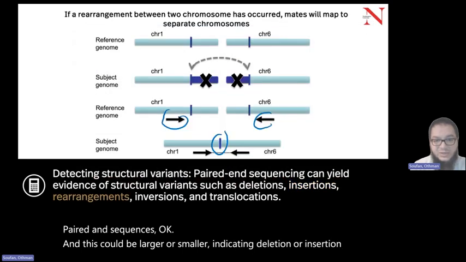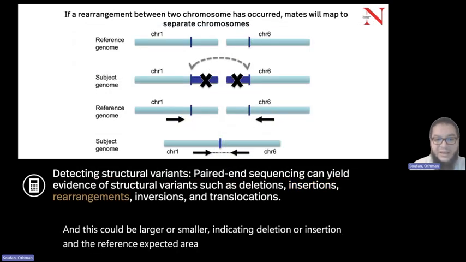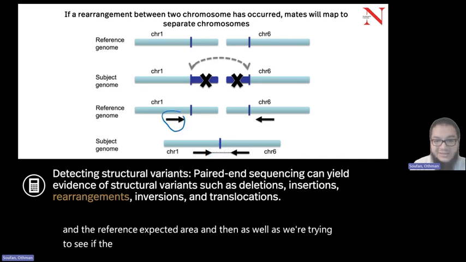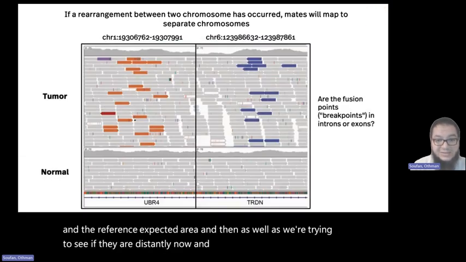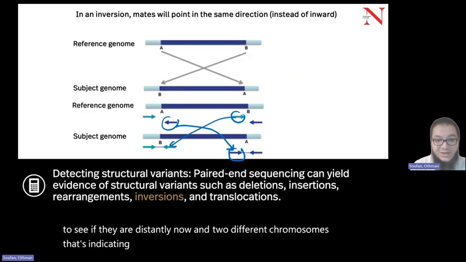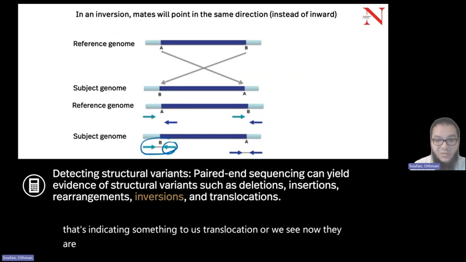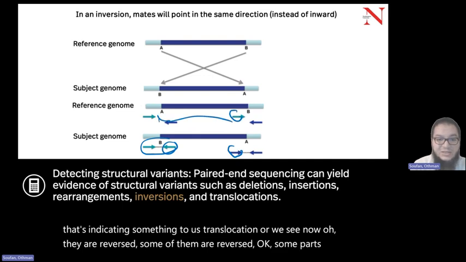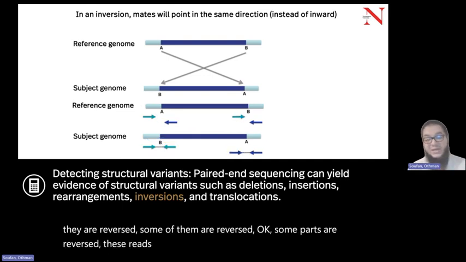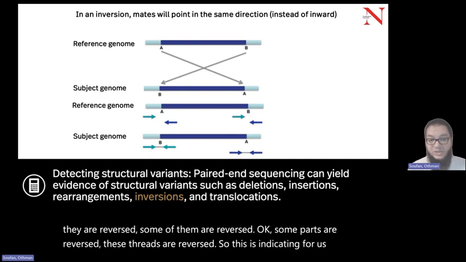And then we're trying to see if they are now on two different chromosomes, which indicates translocation. Or we see now that some of them are reversed. These reads are reversed. So this is indicating for us, again, some changes.